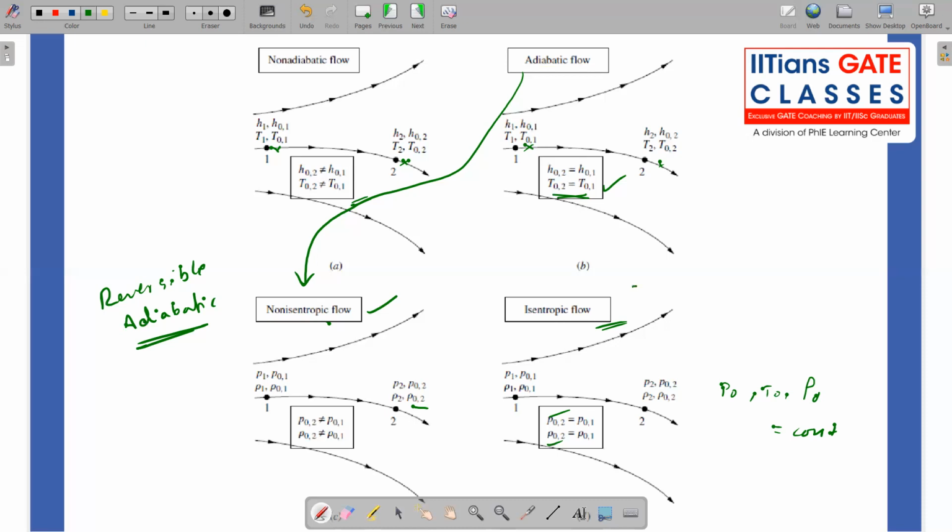Say I have some streamline over here, I have some point, say point A, and I have some pressure, density, and temperature, that is the thermodynamic state of a fluid particle at this point.